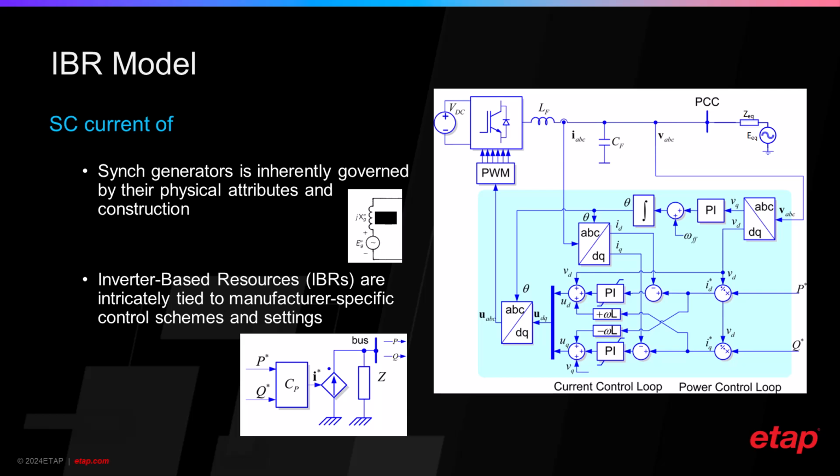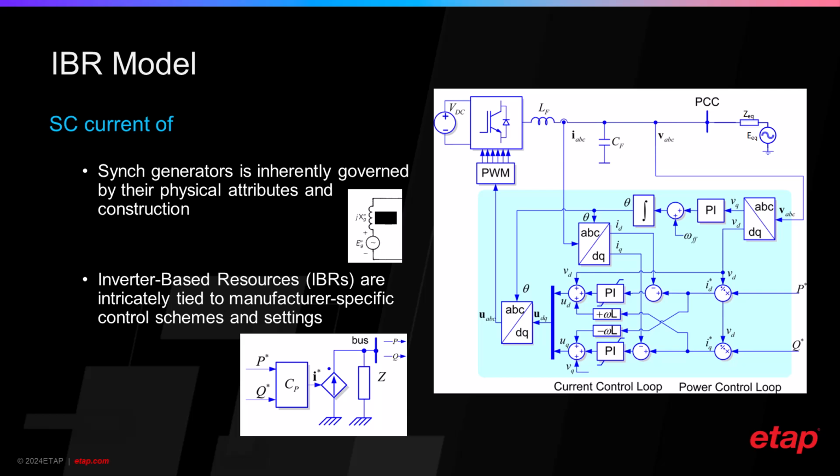When it comes to inverter-based resources, IBRs, their short circuit response is dictated by their control schemes, which are defined by their manufacturers and their settings, as well as the short circuit limits of their power electronic switches.